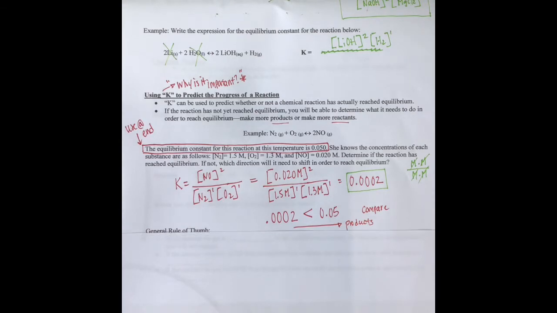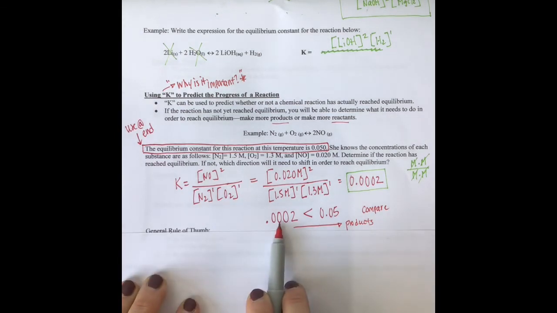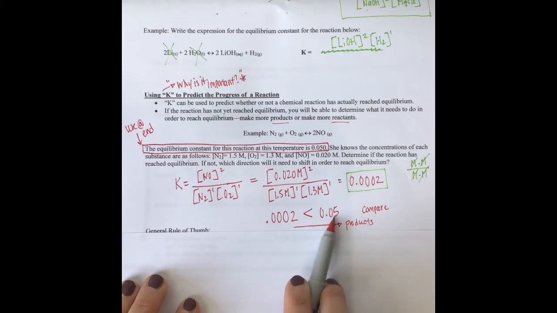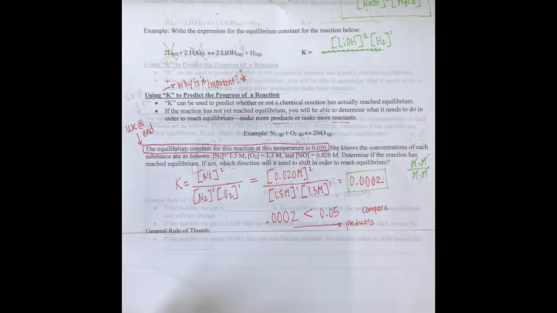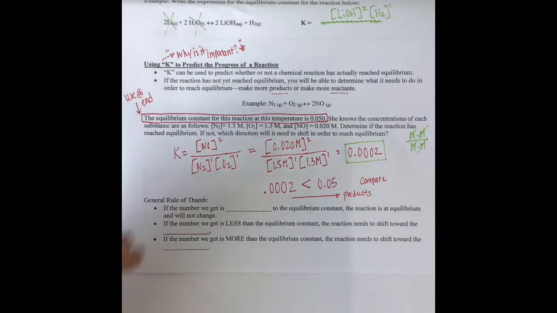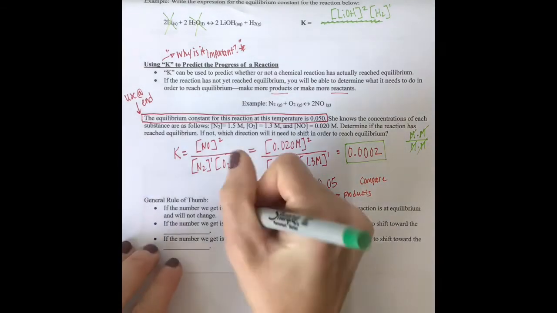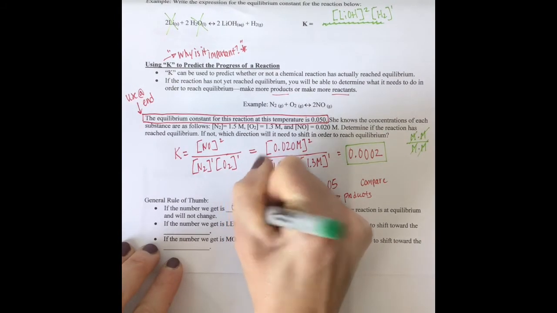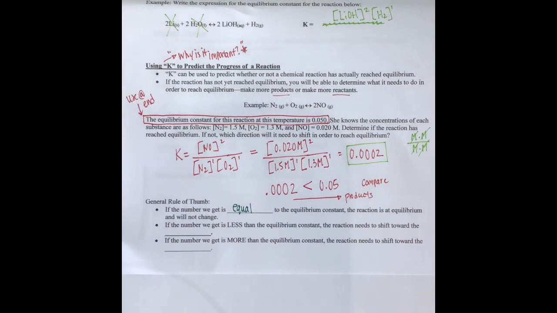Okay, so you could write that out in a sentence. You could say because 0.0002 is less than the equilibrium constant at a certain temperature, we need to shift towards products. Okay, so I'm a person that likes written out rules that I can follow when doing problems on my homework, quizzes, tests, and so I've tried to do that for you here. So in general, if the number we get is equal to the equilibrium constant, well, that's perfect.